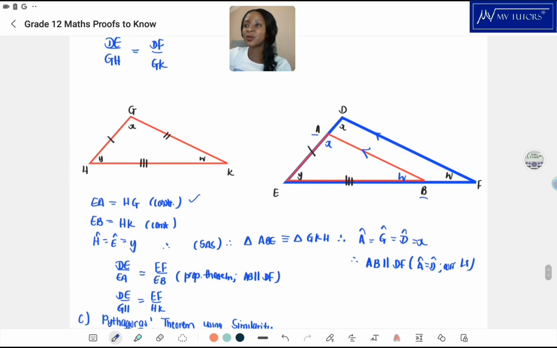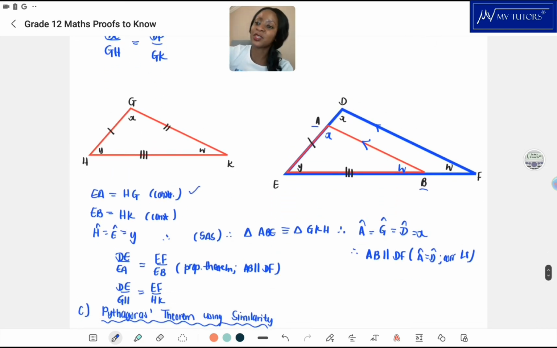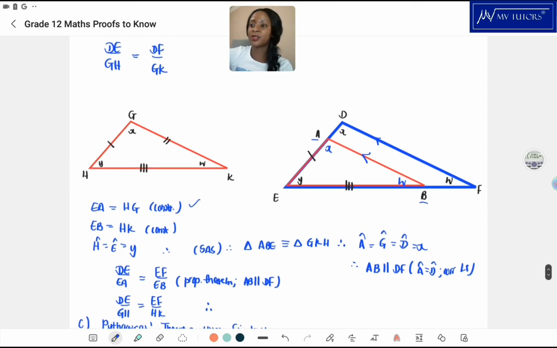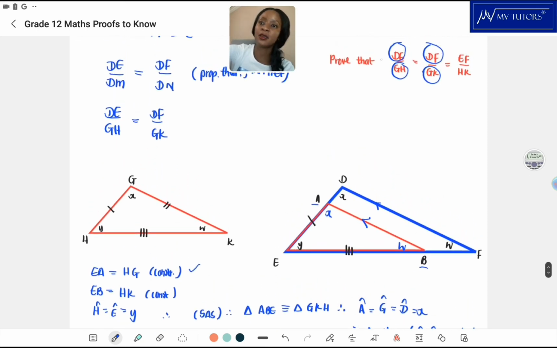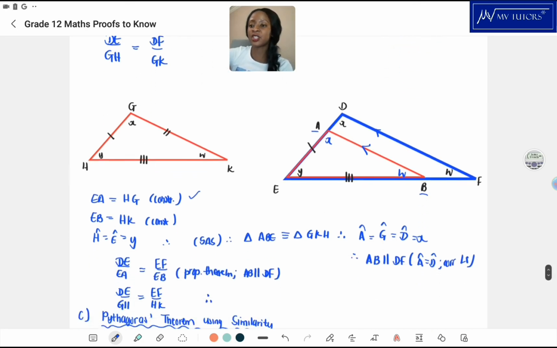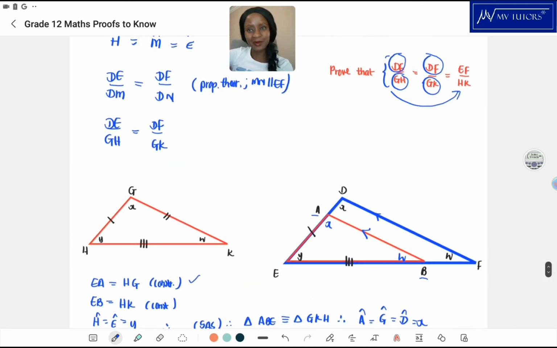Okay, so therefore we can then say, do you see that we now have our last part, which is DE over GH is actually equal to EF over HK. So therefore we're done proving this, guys.